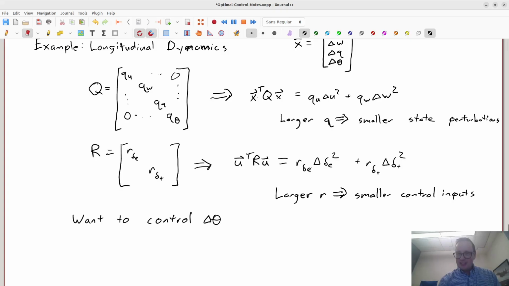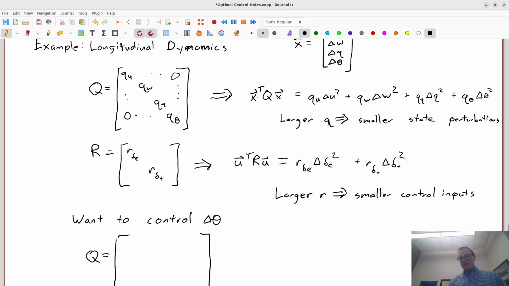So I've got this Qq times delta q squared plus Q theta times delta theta squared. And if I want to control delta theta, then what is my matrix Q going to be? So if you're watching this online, I'd encourage you to take a second and try to figure this out on your own.